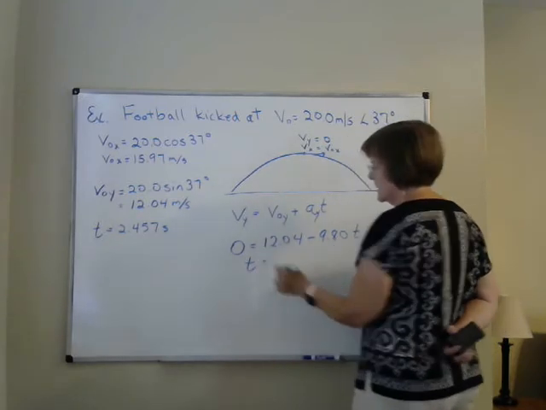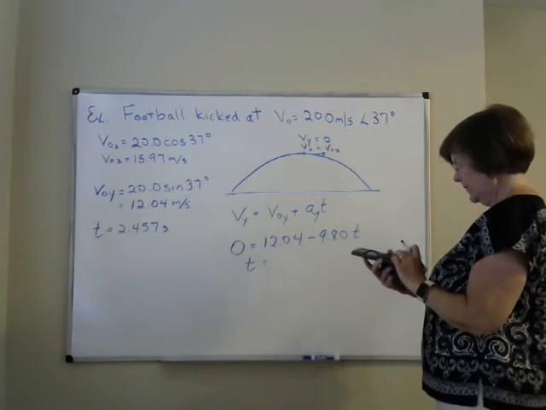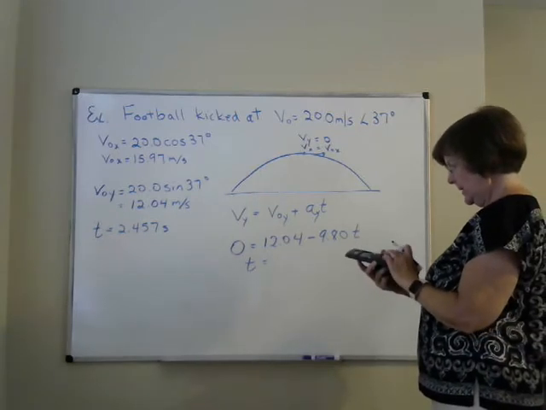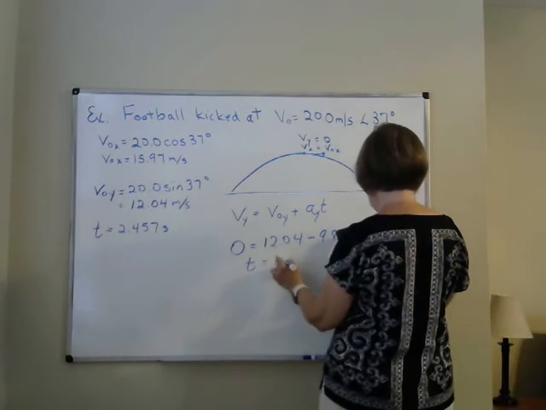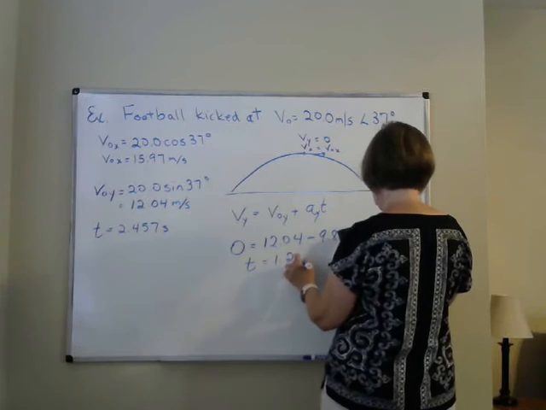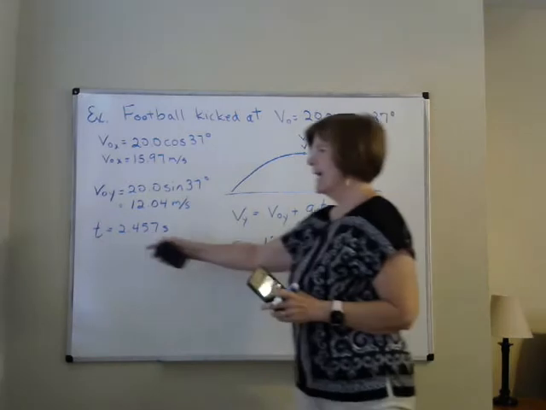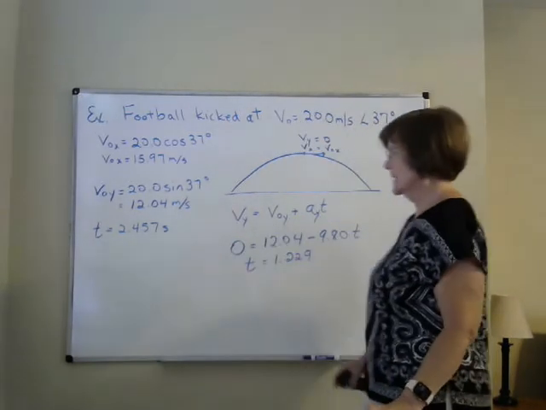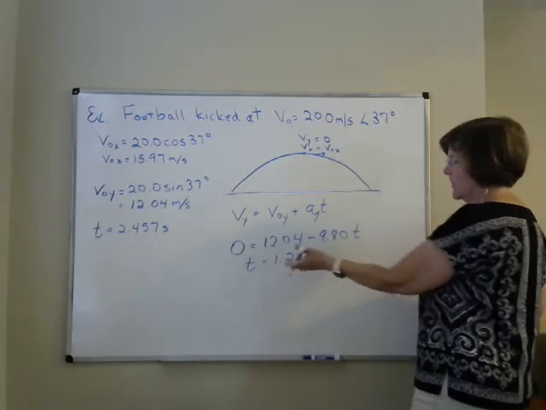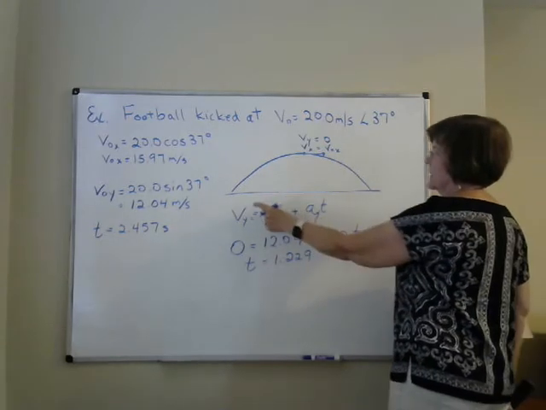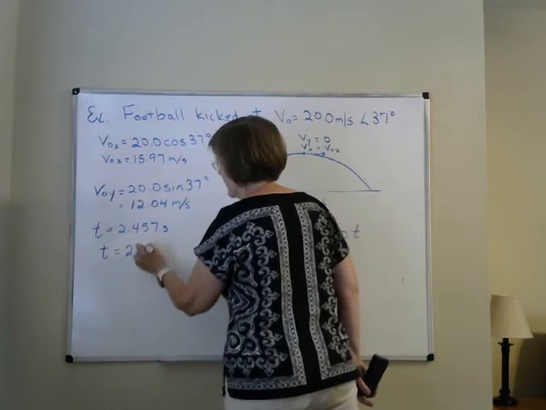And I think you're going to see that the answer is perfectly reasonable. 12.04 divided by 9.80. I get 1.229. You'll notice I get half of that. Well, that makes sense. If the whole trip is 2.46 seconds, then this ought to be 1.23 seconds. Remember, if we round this to 3 significant digits, we're going to agree perfectly.